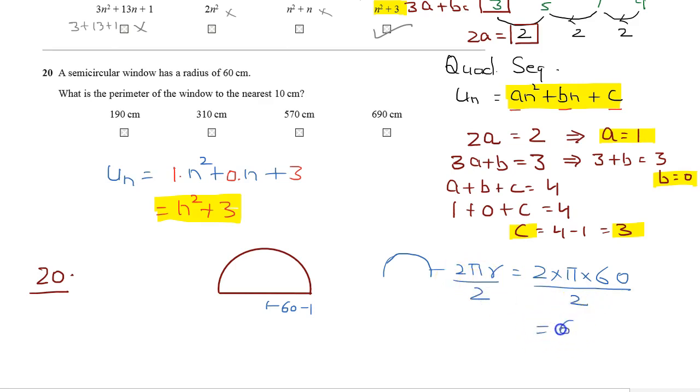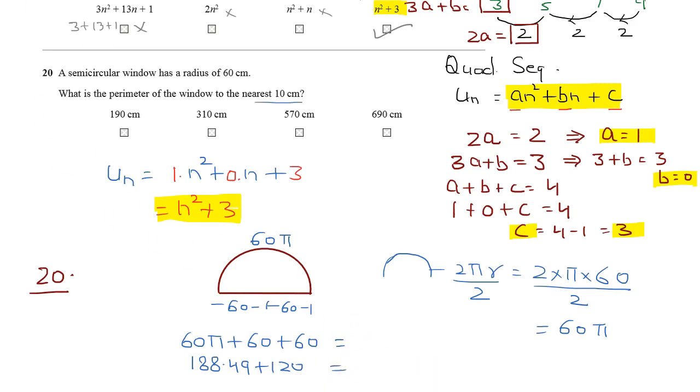So this is 60 pi, this circular part. This is 60 and this is also 60. So the total perimeter is 60 pi plus 60 plus 60. So this one is 188.49 plus 120.